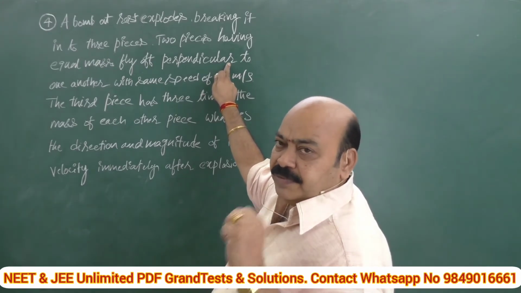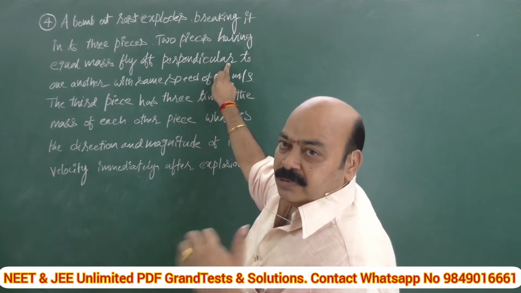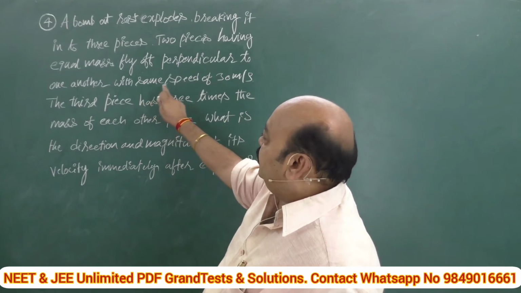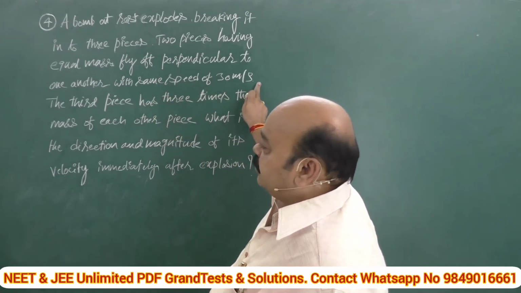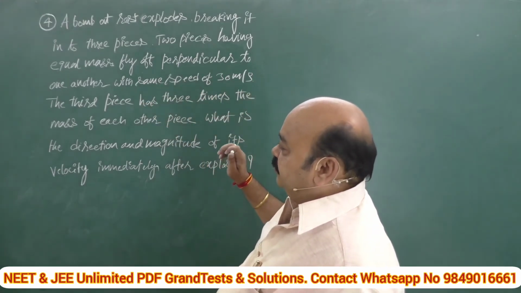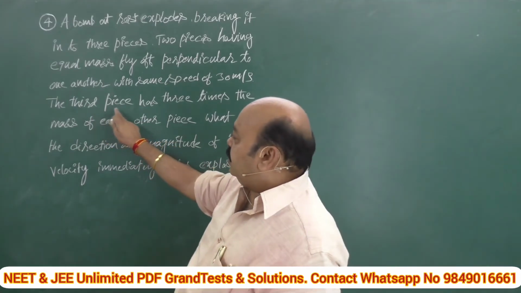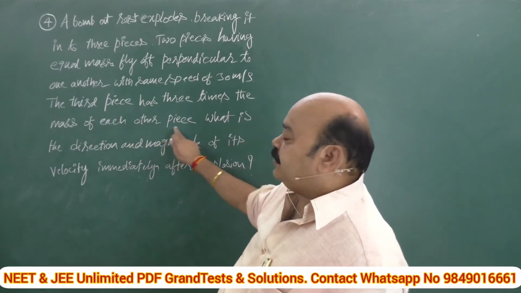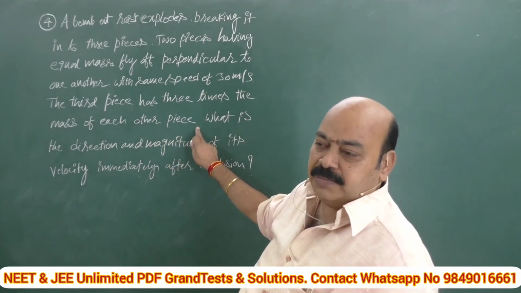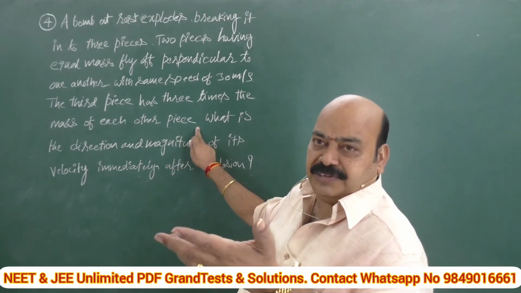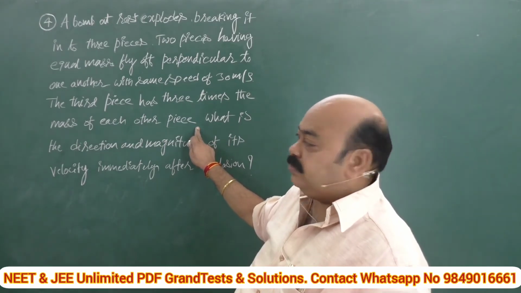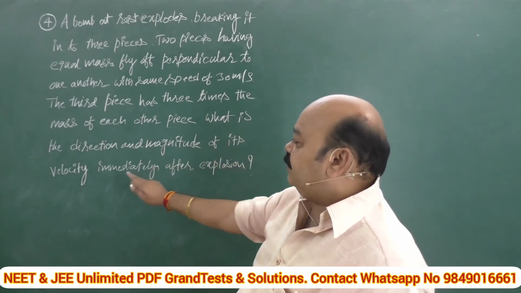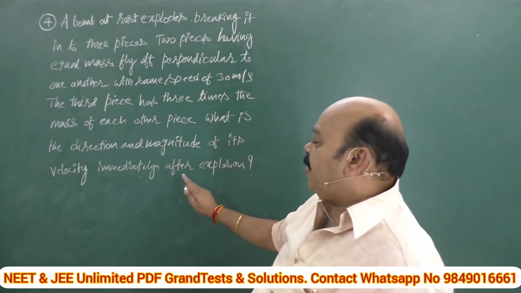Get the total information given in the problem, then we can attack the problem. What about the third piece? The third piece has 3 times the mass of each other piece. For example, if it is m, then 3m. What is the direction and magnitude of its velocity immediately after explosion?